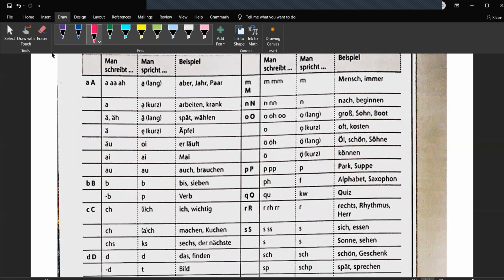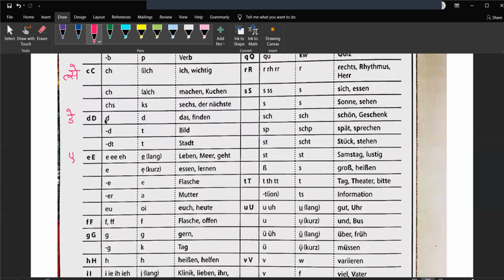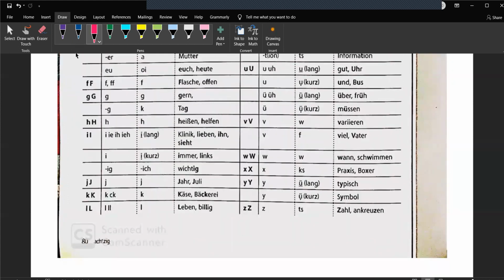So first, like I said, is A, then we have B, then we have C, the next D, then E, F, G, H, I, J, and K. Now this is not Ka, and it's not Kha.